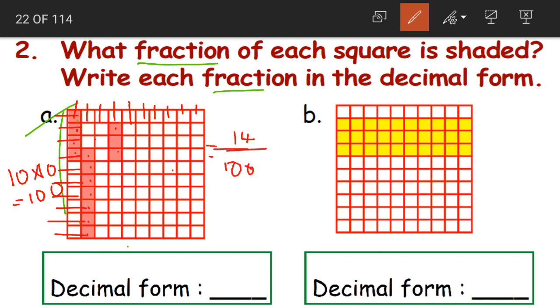What does this fraction represent? That 14 squares out of the total 100 squares are shaded. Now how will we represent this in decimal form? 14 divided by 100. Now the denominator is a 3-digit number, but the numerator has only 2 digits. So for the third digit we will place 0.